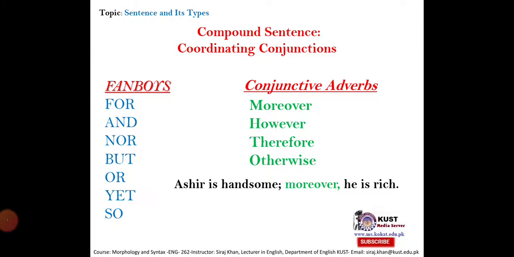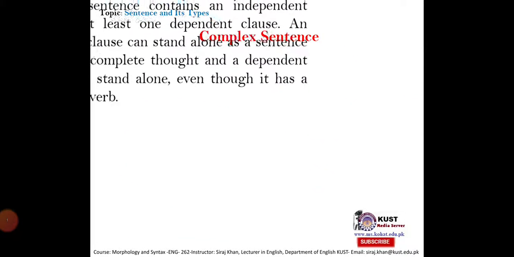Now that conjunctive adverb moreover can be moved: Ashir is handsome; he is, comma, moreover, comma, rich. Ashir is handsome; he is rich, moreover. So moreover can be in the middle of the second independent clause or at the end of the independent clause.